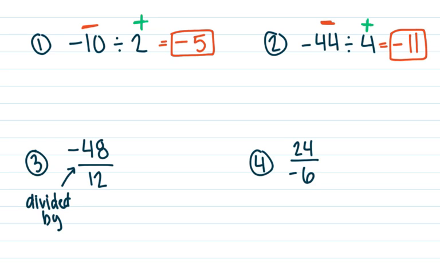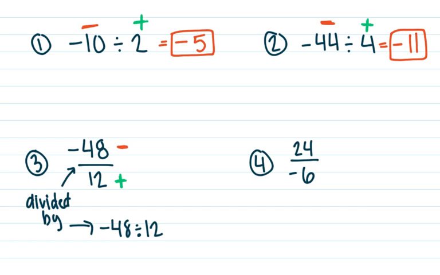So I have -48 divided by 12. This problem is the same as -48 divided by 12, by the way. So if you are uncomfortable with the way it looks, you can always rewrite it. But as we get into more algebraic thinking, we're definitely going to see division problems written as fractions. So we've got to get used to that.